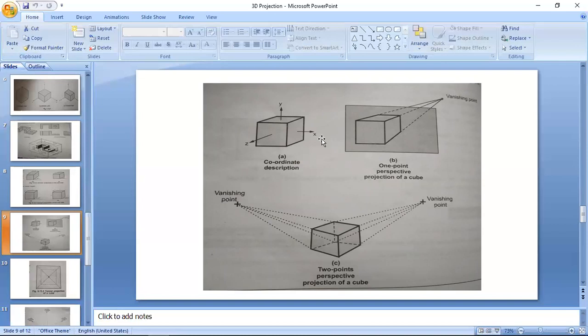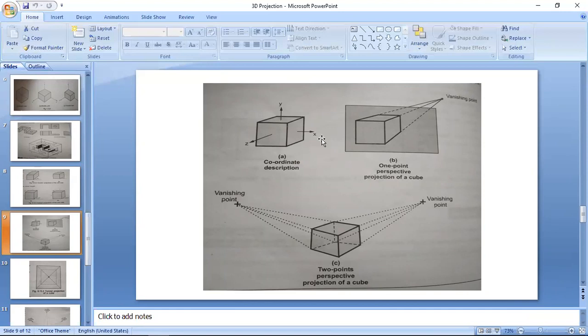So let's see the perspective projection. The perspective projection of any set of parallel lines that are not parallel to the projection plane converge to a vanishing point. In this, you have to remember that projection lines are not parallel to the plane, and that's why they get converged to a single point.